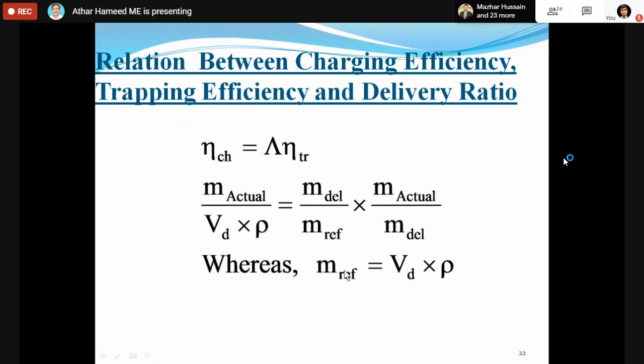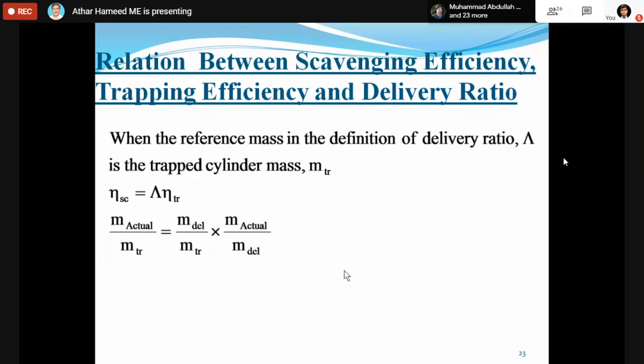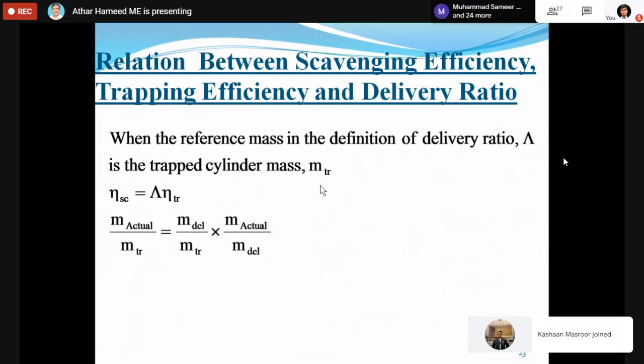And then the relation between scavenging efficiency, trapping efficiency, and delivery ratio. When the reference mass is the trapped cylinder mass, as I told you yesterday, the displacement volume multiplied by density is ideally suitable. But in the actual sense, what we have retained, what is trapped inside the cylinder, we take that as the reference mass, because each time our piston-cylinder is trapping that mass.